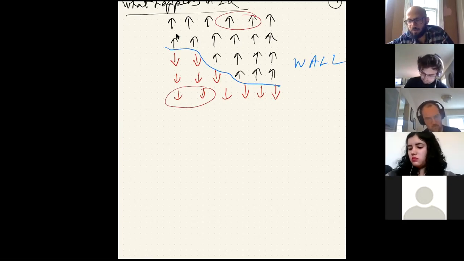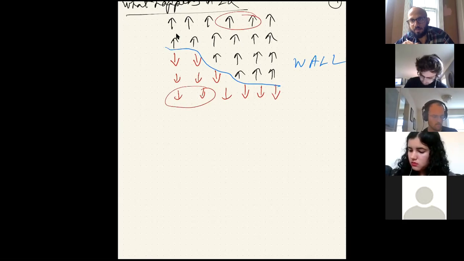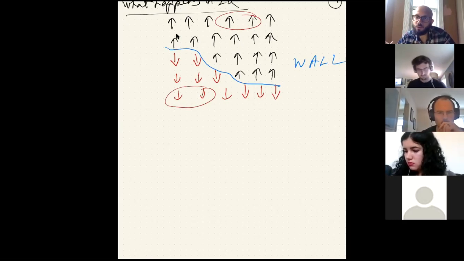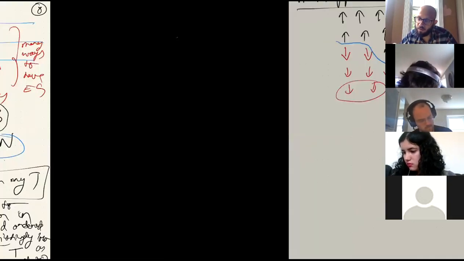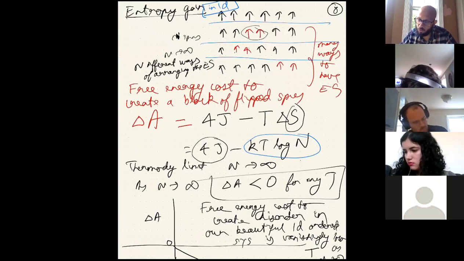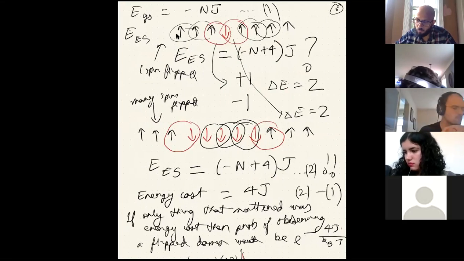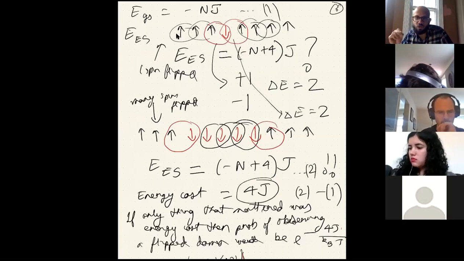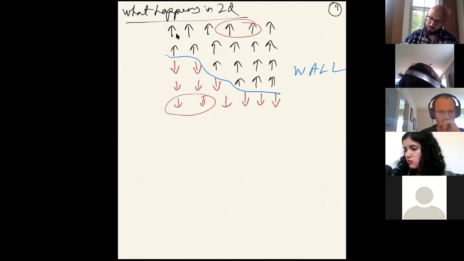Here you have something which is already quite different from what happened in 1D. In 1D, the cost of creating the wall was 4J, period, because the wall cannot go across the system. It does not depend on how big the domain that you flipped was. Your domain could have been 2 spins, 1 spin, or 4 spins, or 5 spins. The cost was always 4J. Here, it's not the same.